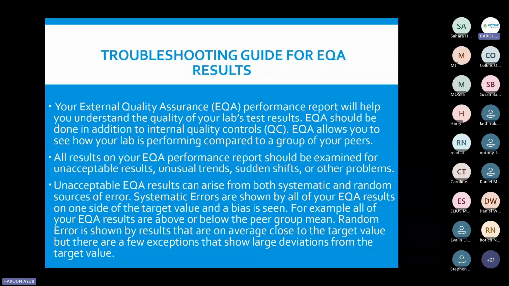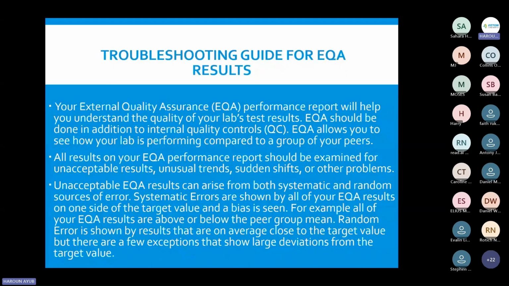These are known as systematic errors. For example, all your EQA results are below or above the peer group mean. So you've done your EQA, and your results for sample A and sample B are both on one side of the mean. We identify those sources of error as a systematic error.